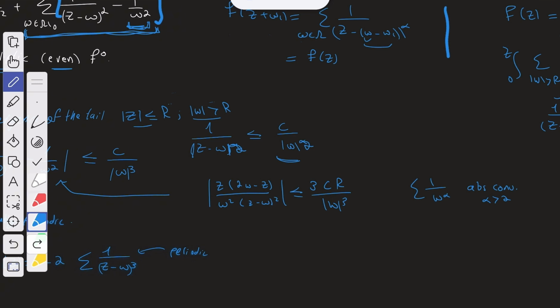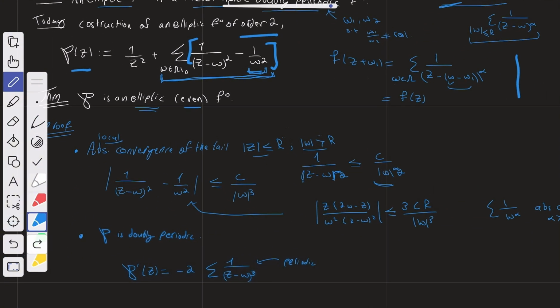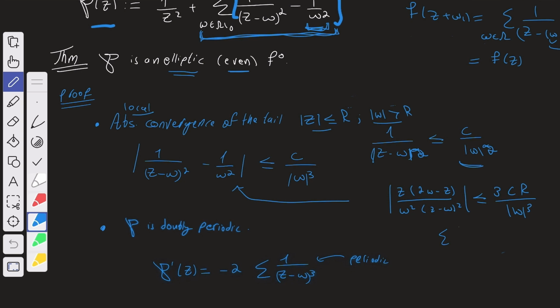So we actually have absolute uniform convergence by the Weierstrass test. Again, to restate this: since this sum is convergent, the sum over these terms, for omegas strictly bigger than r because we've restricted to those, is actually convergent, and moreover it's uniform, by the Weierstrass test.